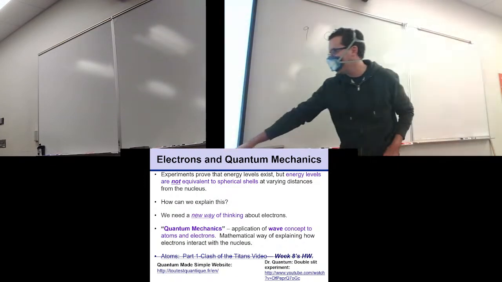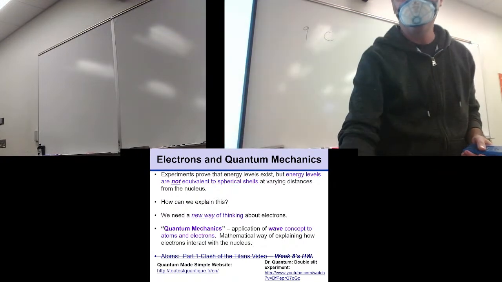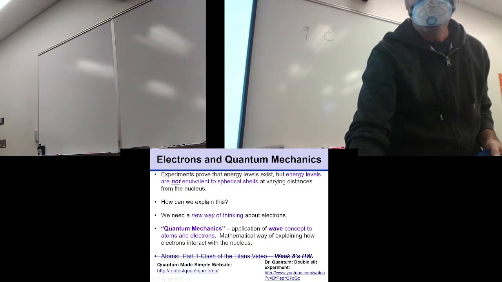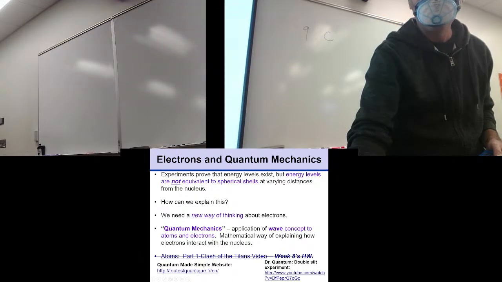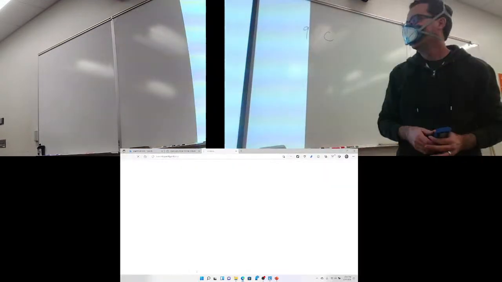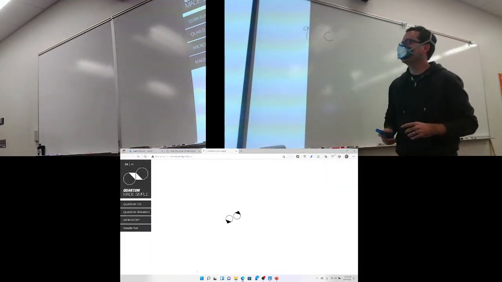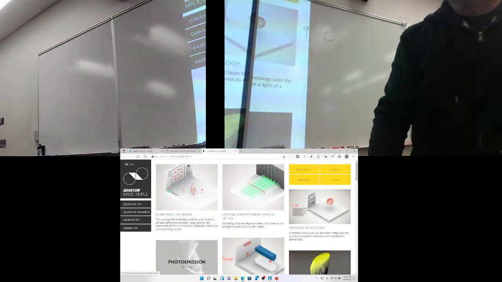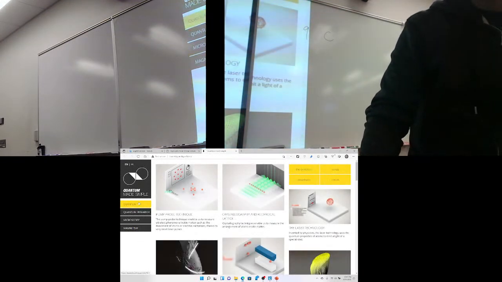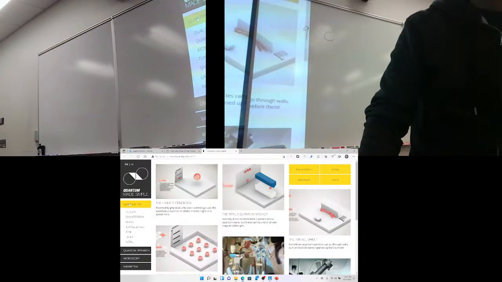I think I showed you that double slit video just to kind of show you the weirdness of what electrons do. There's another great website. It's based in France, but I think there's an English translation. And it's got a few quick videos you can explore. So for instance, that one, I think this works.